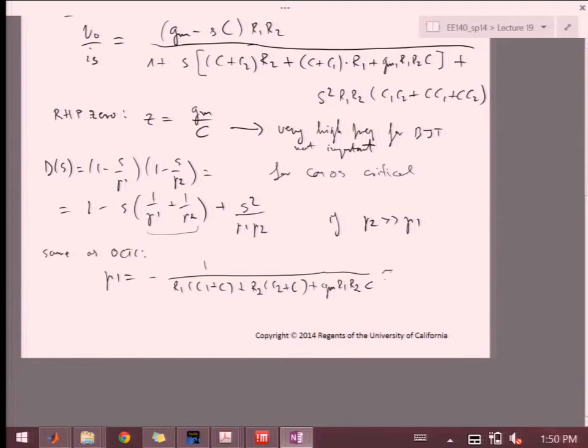And then if C is reasonably large, meaning C larger than C1 or C2, which are just transistor parasitics, then this factor dominates. So this is approximately just minus 1 over gm R1 R2 C.